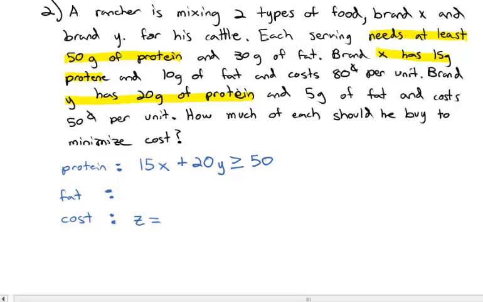Similarly, we can make a constraint for the fat. We need 30 grams of fat, at least. X has 10 grams, and Y has 5 grams. So for the fat, we get 10 grams for every X, plus 5 grams for every Y, and that has to be at least greater than or equal to the 30 grams of fat the cattle need.